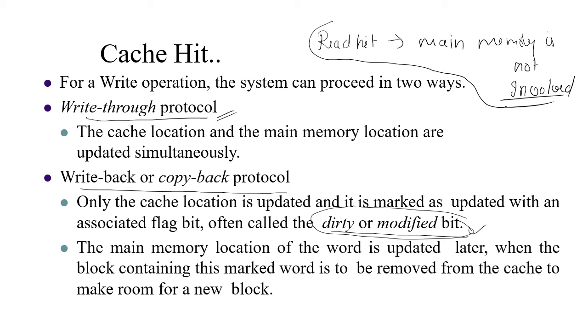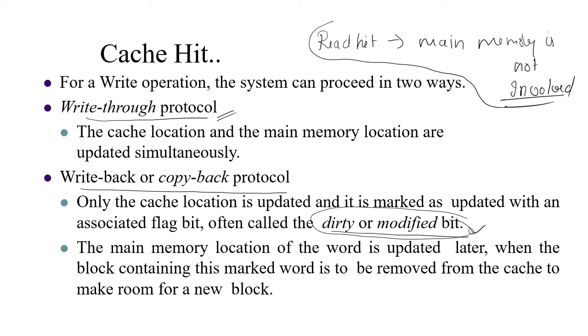When the flag bit, that is the dirty bit, is set, it indicates that the data present in the cache and the main memory will not match. The main memory location of the word is updated later, when the block containing this marked word is removed from the cache. Once the cache is full, the more prominent set of blocks will arrive into the cache.